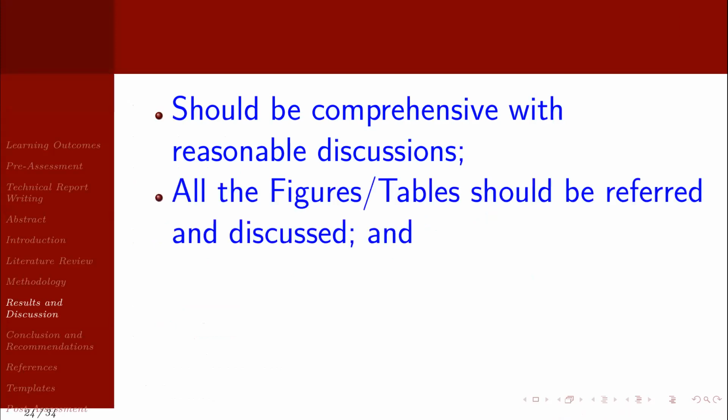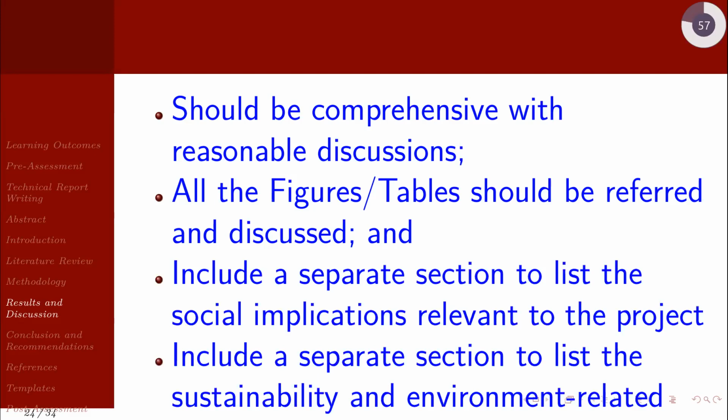All the figures and tables should be referred to and discussed, and you should include a separate section to list social implications, because we want our students to graduate with certain attributes. This will fulfill that. So you should assess the social implications, preferably with the help of SDGs, the Sustainable Development Goals.